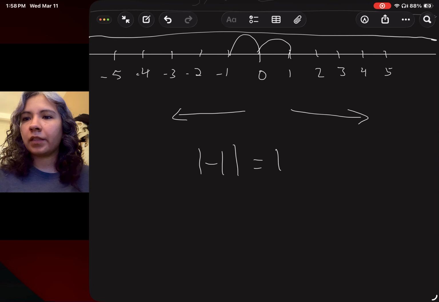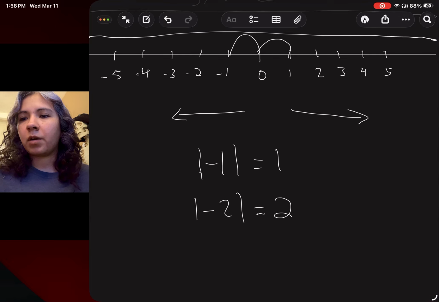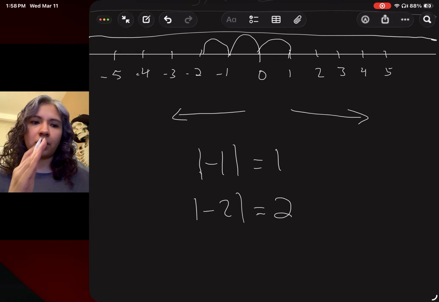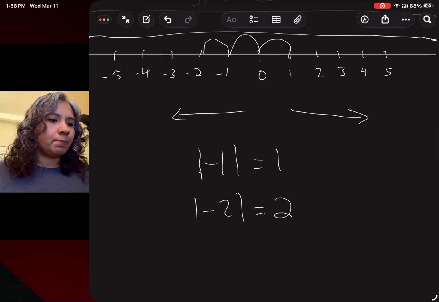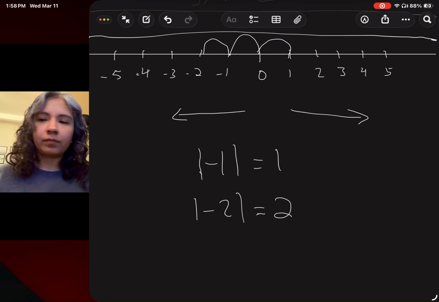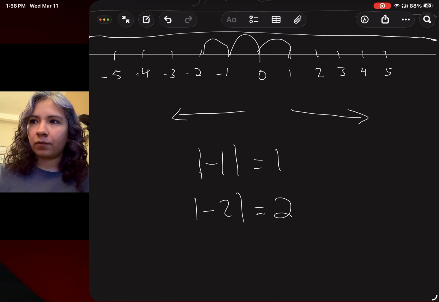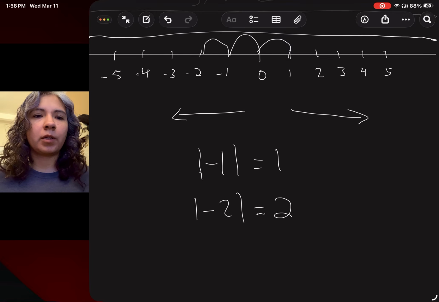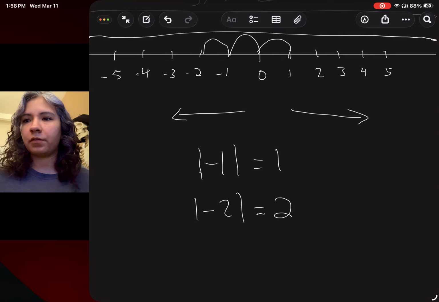So whenever you plug any of these negative numbers into your calculator with absolute value, they are always going to be the positive, because that's how many steps away from 0 on the number line it is. So we have positive up through +5 and up through +3.